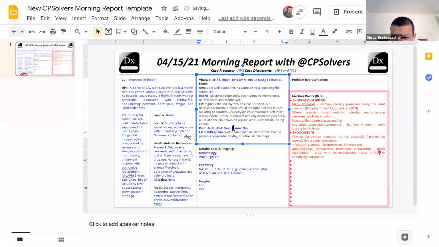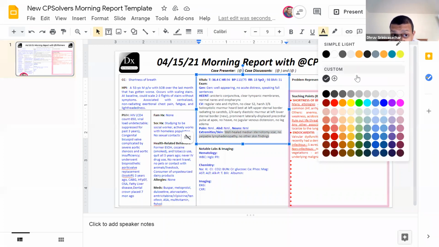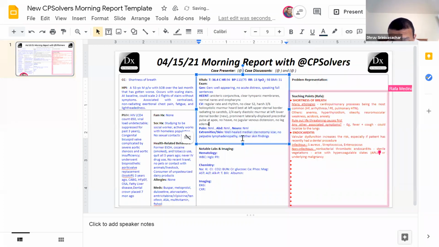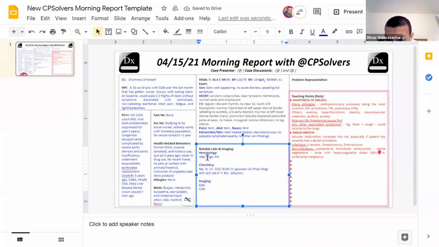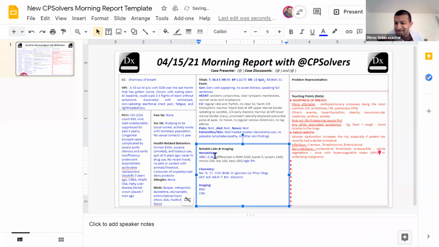And then, if it's all right with you guys, I'll also give initial labs because there's going to be a whole bunch of other studies coming. So, white count 5.2, with a differential, and these are absolute counts: ANC of 3,200 with no bands, ALC of 1,400, absolute monocyte count of 300, AEC of 100, and absolute basophil count of 100.